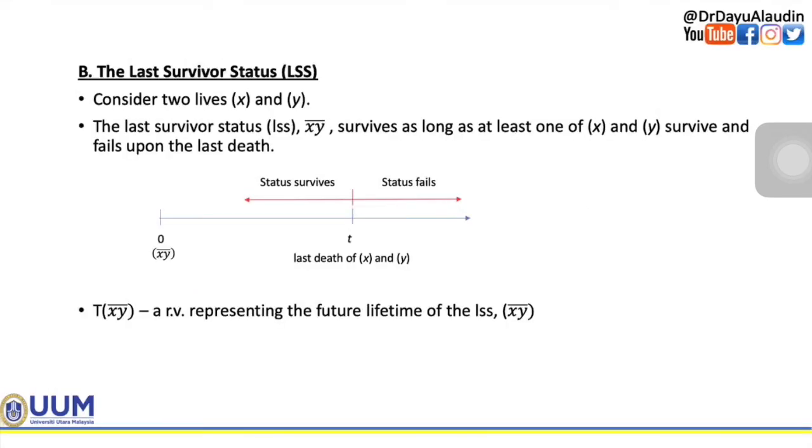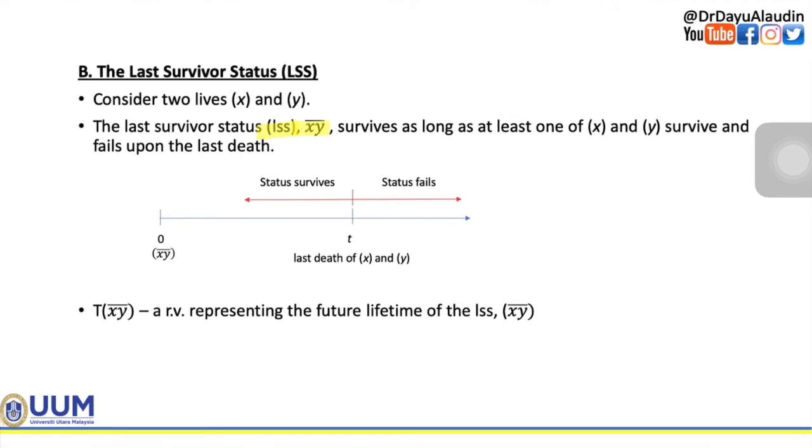Okay, now we go to second type of multiple life function. So the second one is the last survivor status, or the short form is LSS. Okay, the last survivor status, the notation is XY with the bar. So it differs with JLS. JLS we have the notation XY without the bar, and for the last survivor status, XY with the bar. So you have to remember the notation.